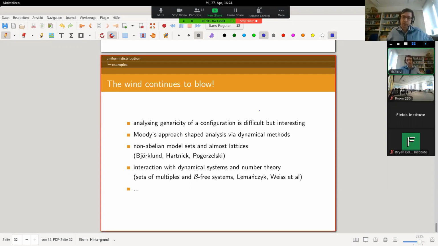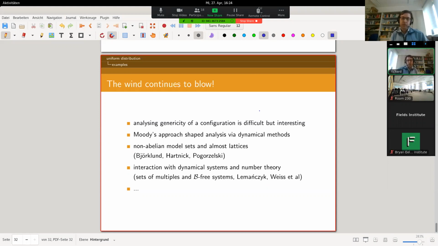So what have we done? We have been analyzing genericity of a configuration. This is a difficult problem, but it's an interesting problem. It's so difficult that you can really think, I lost everything, and not very much can be said. Anyway, what we have seen is that this approach to uniform distribution shaped the analysis of model sets via dynamical methods.